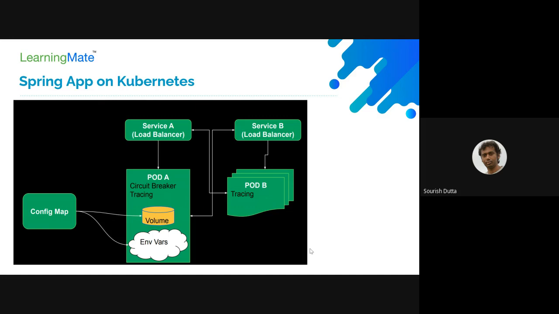We cannot refresh on a config map change. You have to go and change the value and load it dynamically. That is not supported. So now, how is the configuration supported?